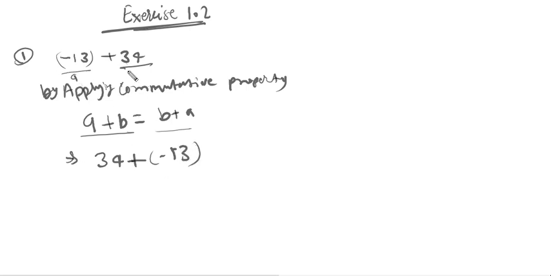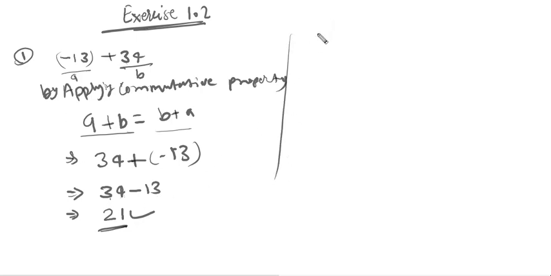Now solve it. 34 minus 13: 4 minus 3 is 1, and 3 minus 1 is 2. It will be 21, right? Your answer is 21. Now see the second question.